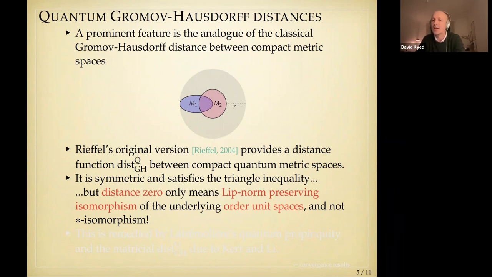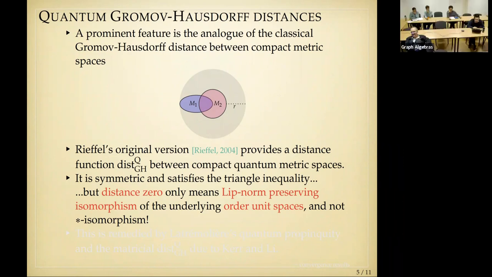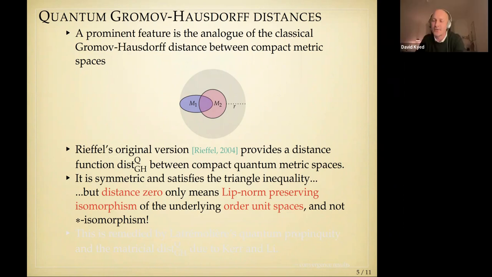It can be formulated in terms of a Lip-norm preserving isomorphism, but not of C-star algebras, but of the underlying order unit spaces of self-adjoint elements. For the lawyers, I am lying ever so slightly here, but it is a matter of technicalities. This is sort of the main moral of the story.